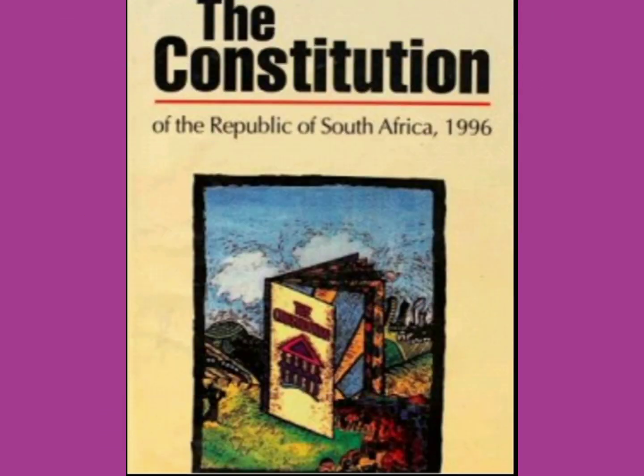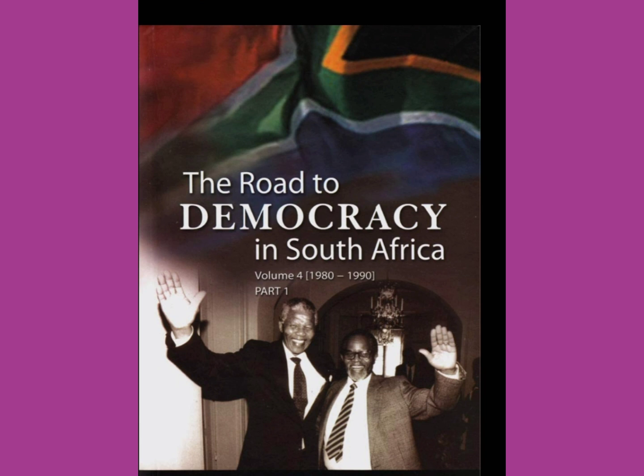So, with the release of Nelson Mandela from prison, South Africa got a constitution and democracy came into existence there. Thus, the apartheid government came to an end. That means racial discrimination came to an end in South Africa, paving the way for a multi-racial government.